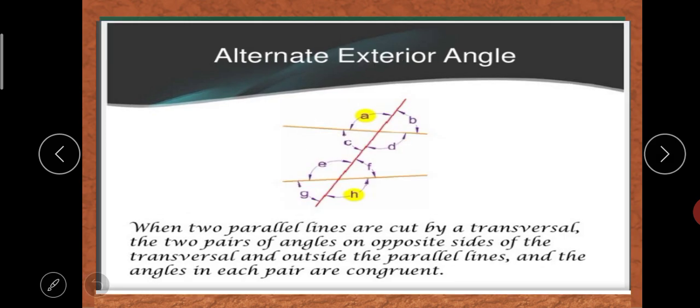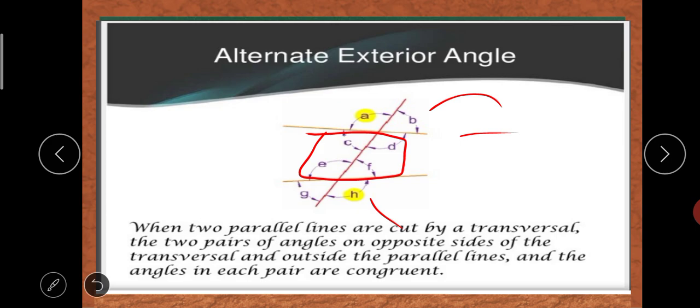Next, alternate exterior angles. Now exterior, we are talking about the exterior angles. These are the interior angles, and we are talking about the outside of these angles. Okay, so see the definition.